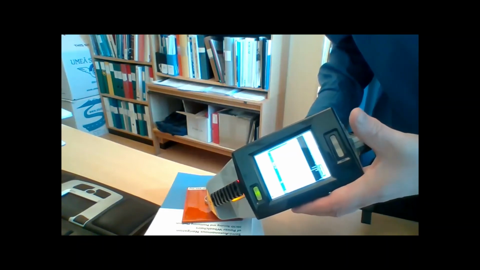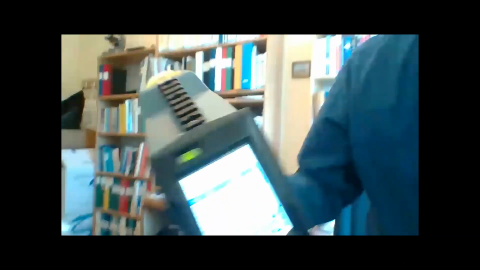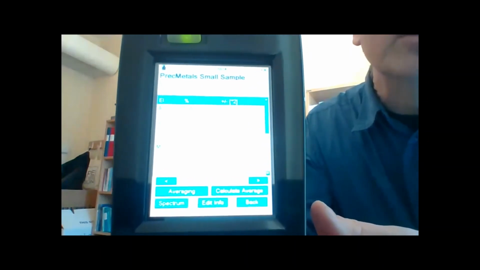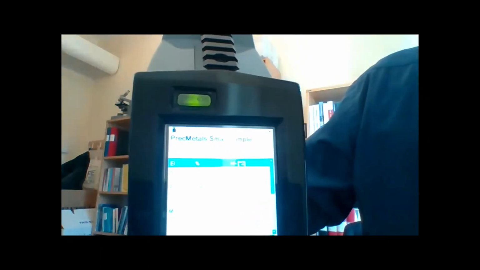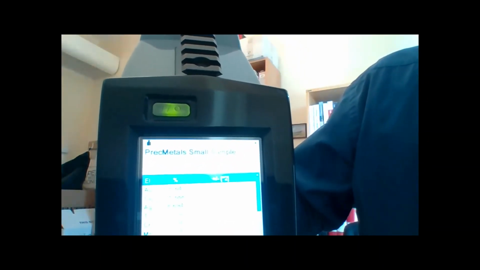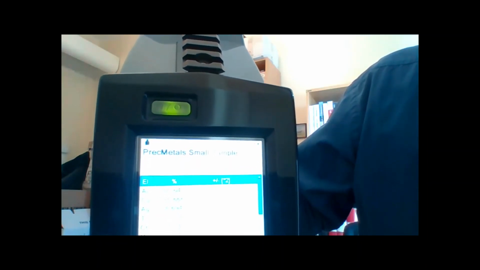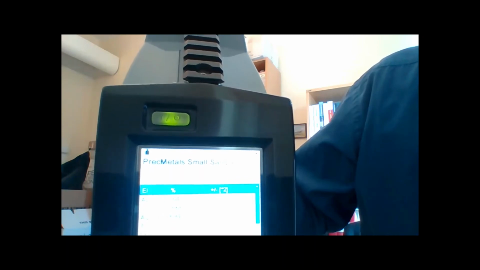Oh yes, now we got it. Maybe not that easy to see on the screen, but we got 75% gold and 15% copper, 8% silver. So it's just an example of that.